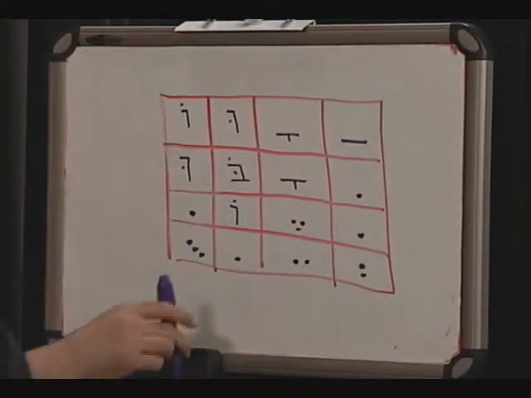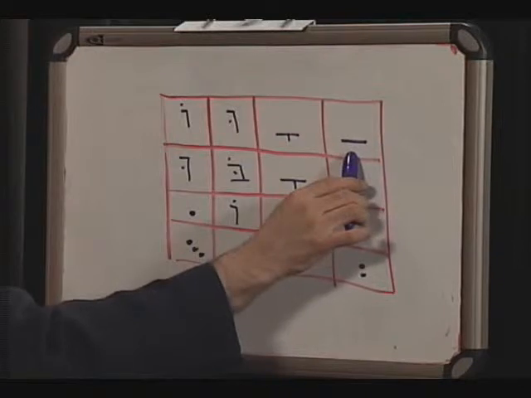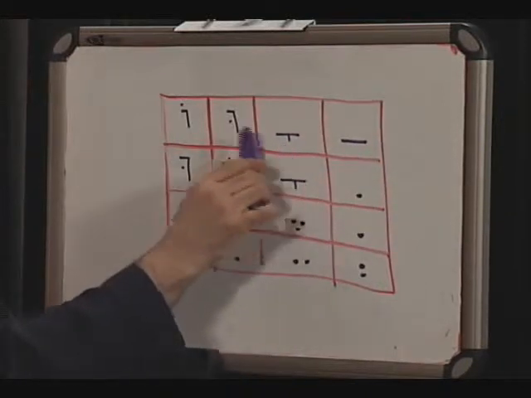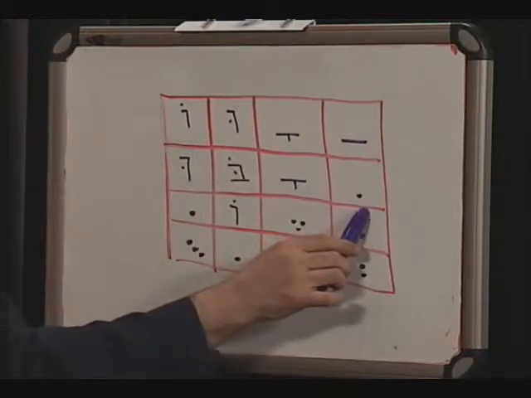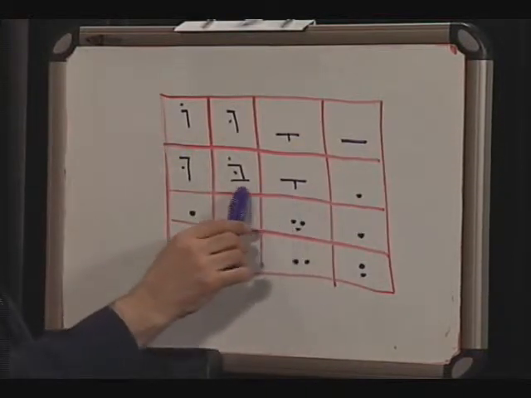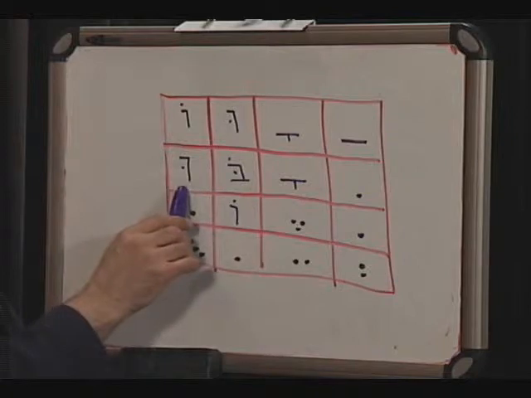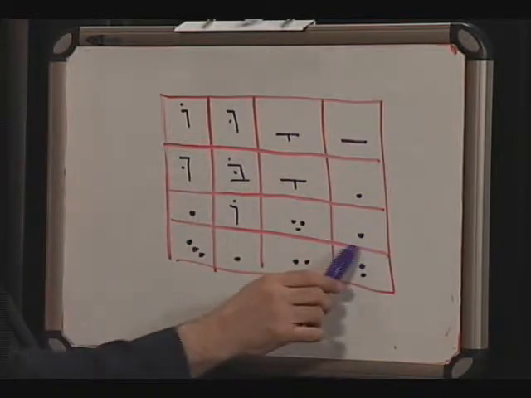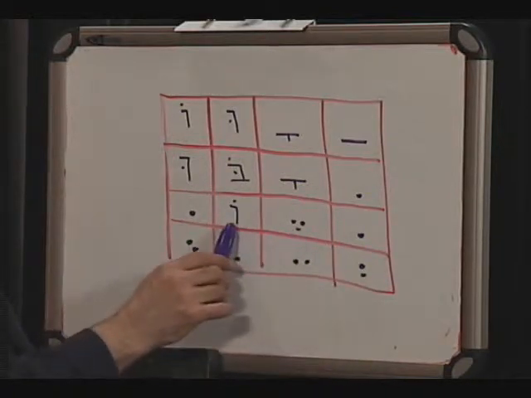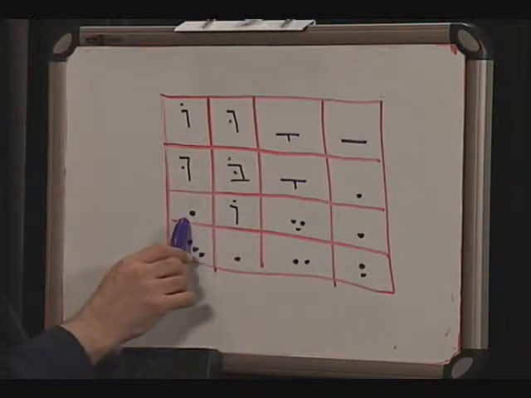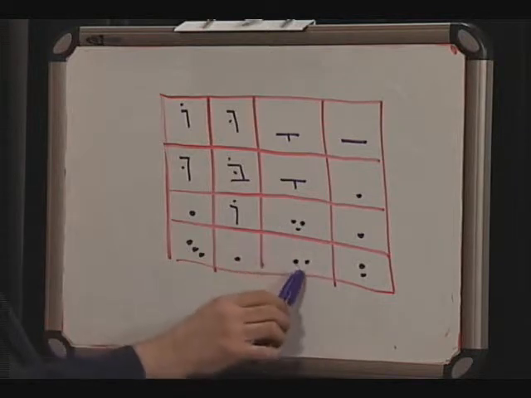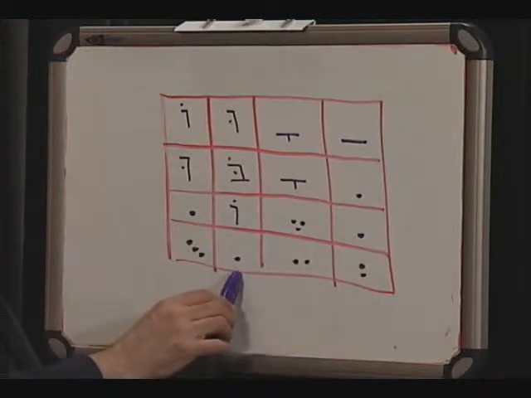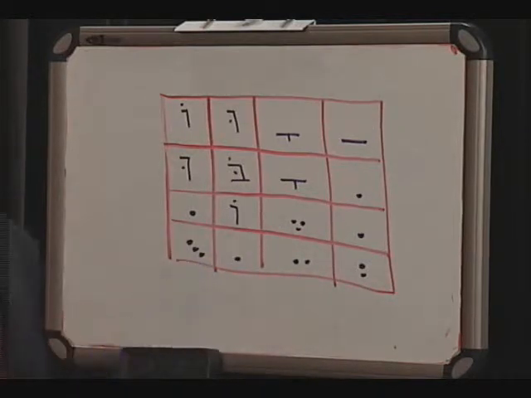Okay, so let's do it together. Ah, ah, oo, o, e, ah, bo, oo, e, o, e, either silent or eh. Okay, that's all there is to it.